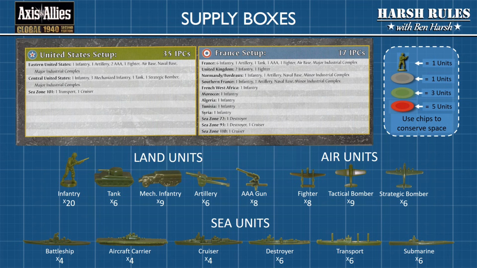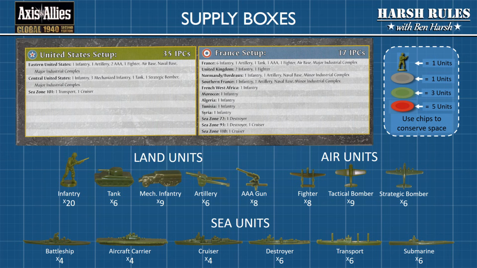Following the guide on the box lid, place the listed amount of each unit in the specified territory. To maximize the amount of units available and to reduce board clutter, it is recommended that you use the included chips. You place chips beneath a figure to specify a number of additional units of the same type.